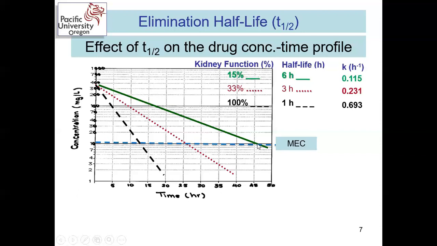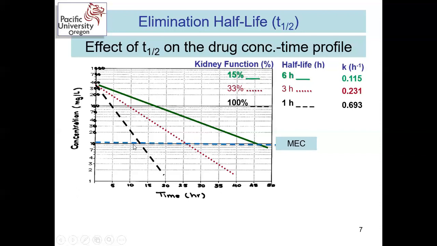Similarly, for the last case, we achieved the MEC around 48 hours. So we will give the drug every 48 hours. So you can see how we use this information to adjust the dosing regimen for our patient from every 12 hours to every 24 to every 48 hours.